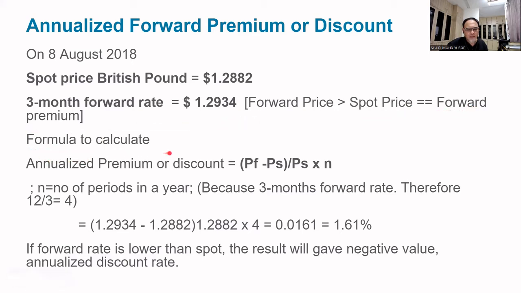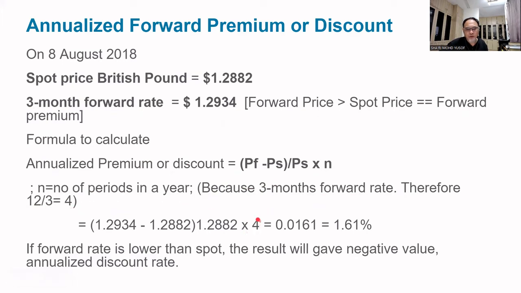The formula to calculate the annualized premium or discount is the forward price minus the spot price, divided by the spot price, multiplied by N, where N is the number of periods in the year. Because it is a 3-month forward rate, N is 12 divided by 3, which is 4.